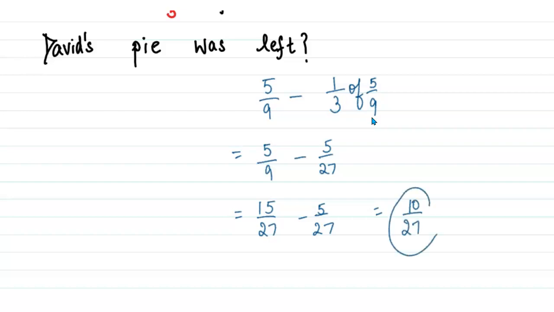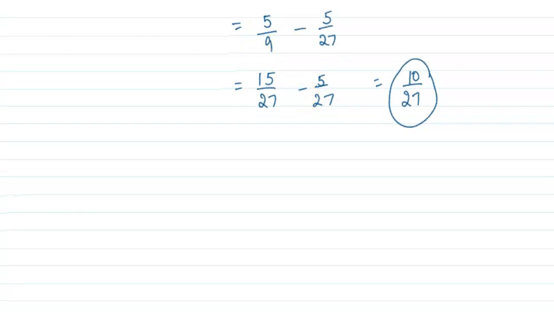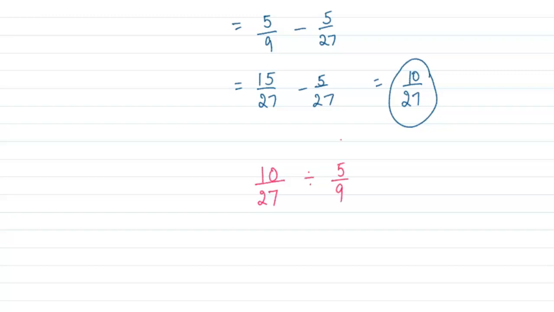Now 10/27 of the whole pie is left. But David was having 5/9 of the pie. So we will do 10/27 divided by 5/9. This is the share which David was having, and this much is left.